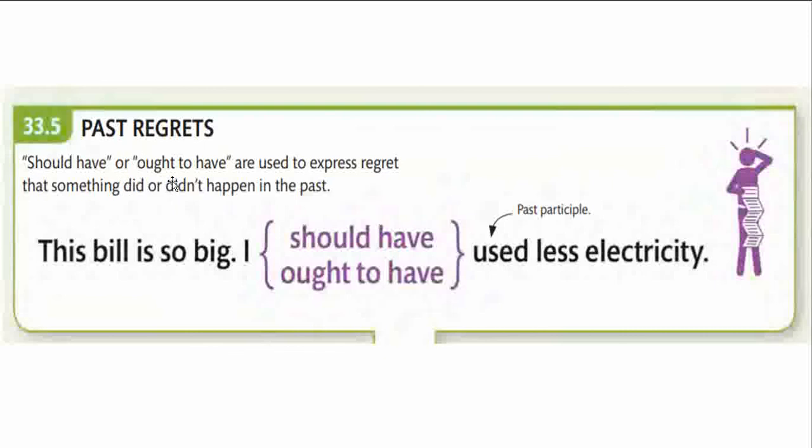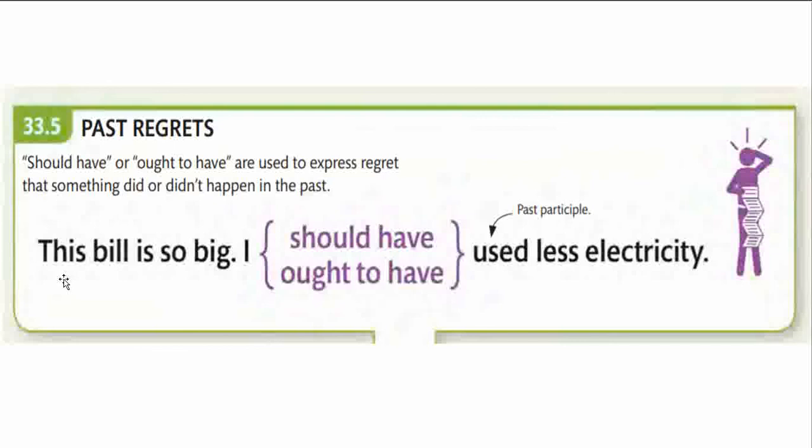Should have or ought to have are used to express regrets that something did or did not happen in the past. That means you were expecting something should have gone that way, something should have progressed in another manner. So you are regretting that in the past it did not happen that way. To express that, you use should have or ought to have.